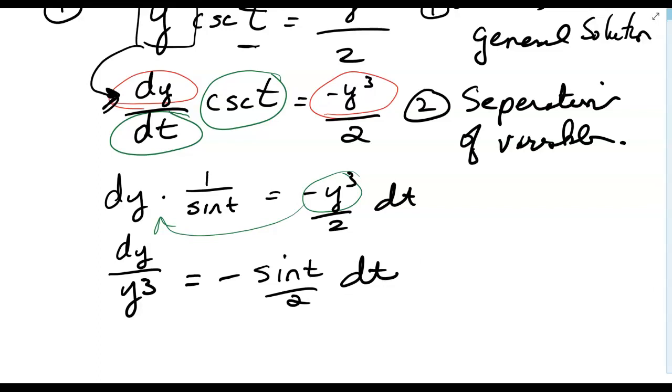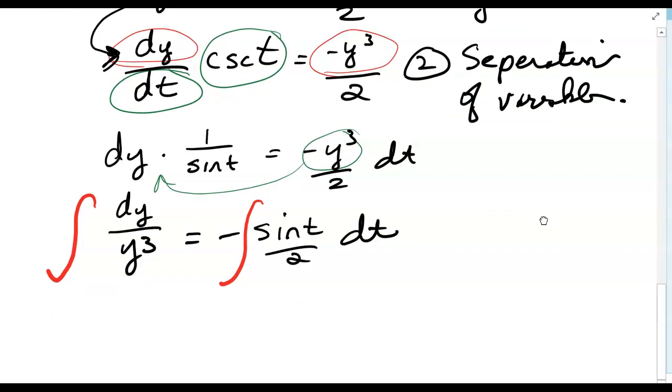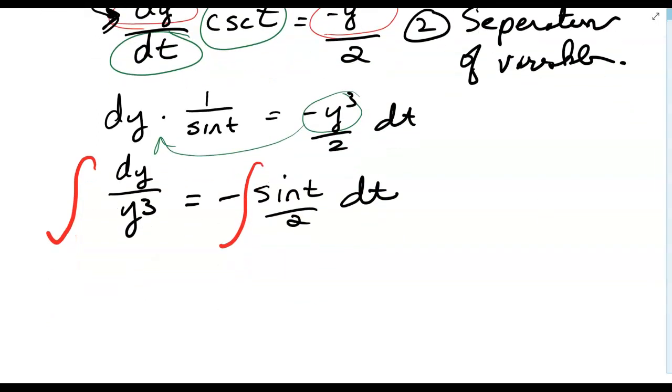What I'm going to do is take the integral of both sides of that equation. I can leave the negative on the outside. And here's what's nice. This one is the integral of 1 over y cubed dy, and here we have negative integral of 1/2 sine t dt. Very simple integrals that we can integrate. So go ahead and finish integrating those integrals.